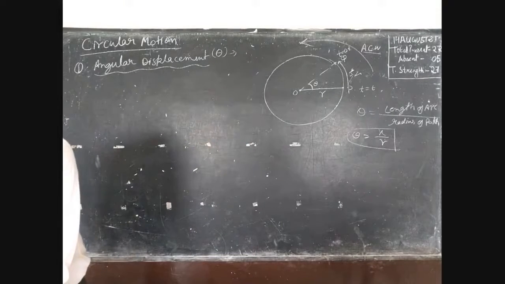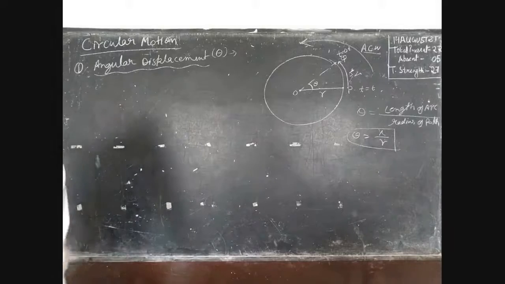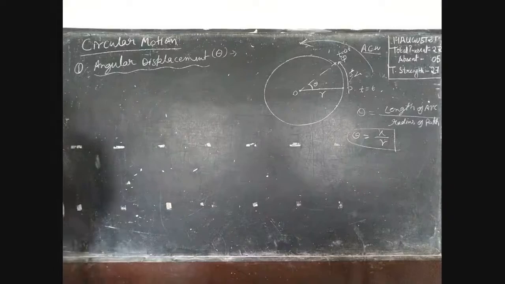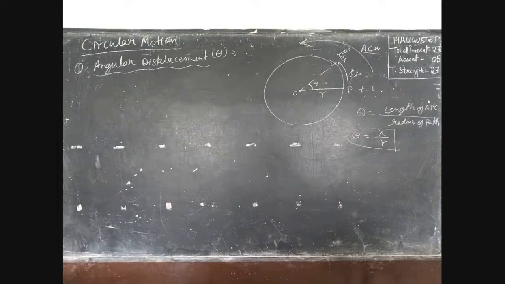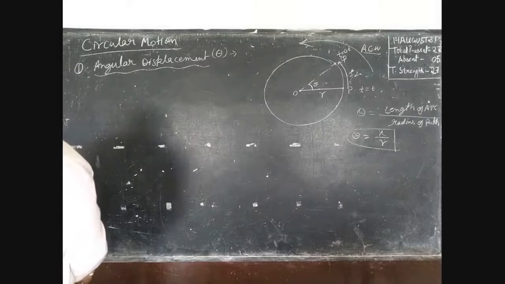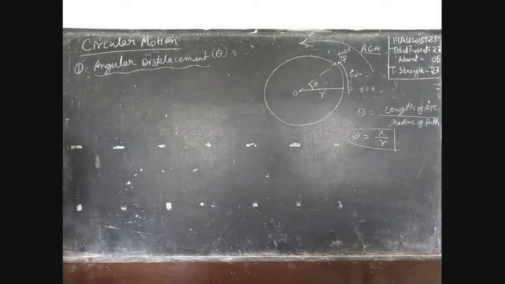Just write: angular displacement is defined as the angle traced out by the radius vector at the center of a circular path in a given time.